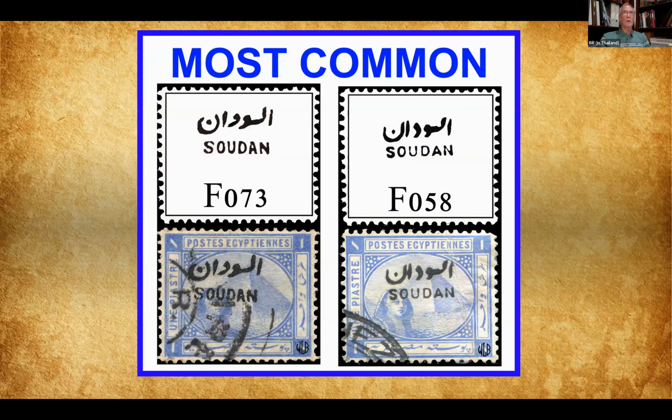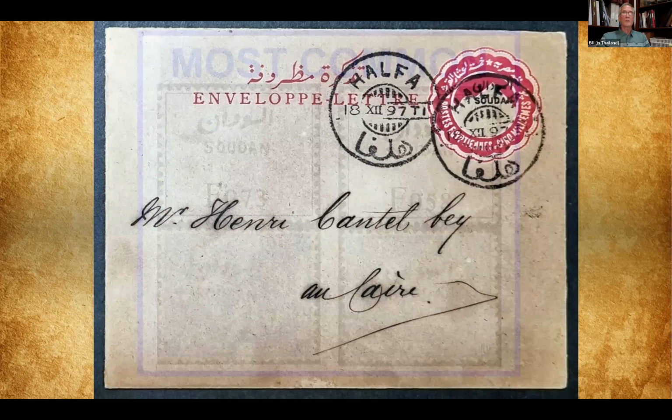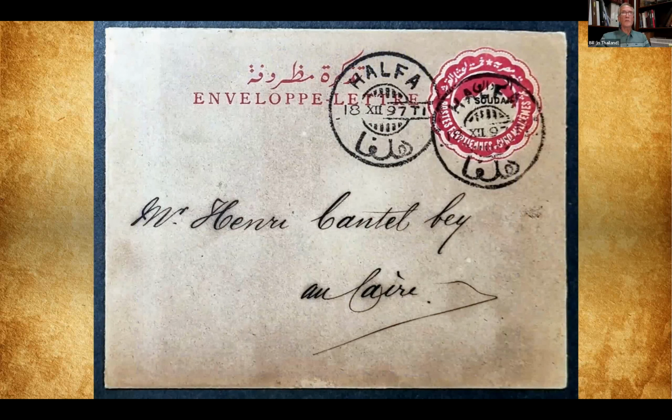These are by far the two most common forgeries, and they probably comprise more than half of all forgeries. I mentioned earlier that there was one forged overprint that used the same lettering font as the genuine provisional stamps. These were made by a French national living and working in Egypt around the end of the 1800s by the name of Henri Cantel.